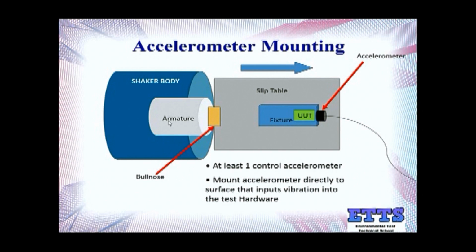Okay, here you have a shaker body, and this is kind of like an x-ray view of the armature. Here you have the bull nose, which is the adapter interface between the armature and the slip table. Here you have a fixture, and here you have a UUT, which is a unit under test mounted to the fixture. And here you have the accelerometer mounted to your fixture.